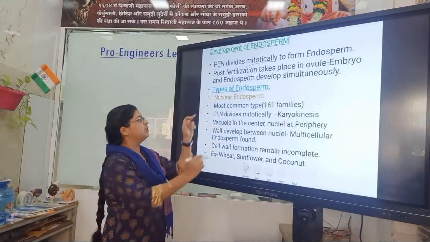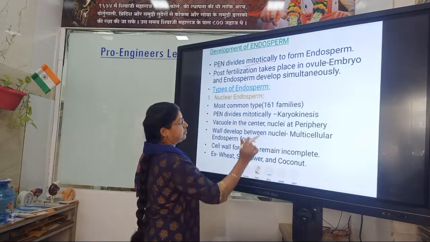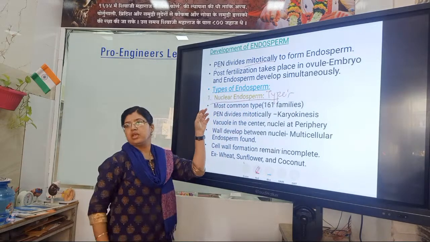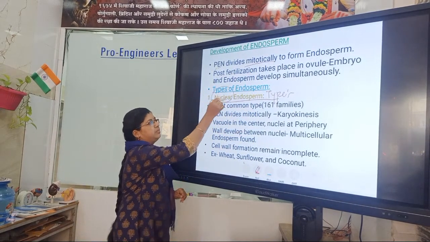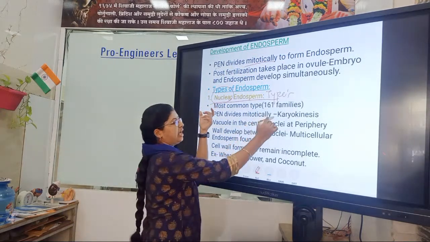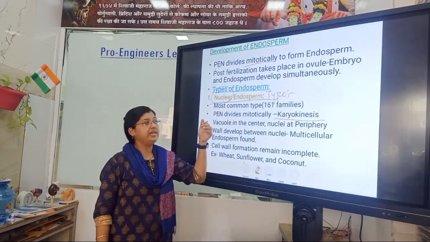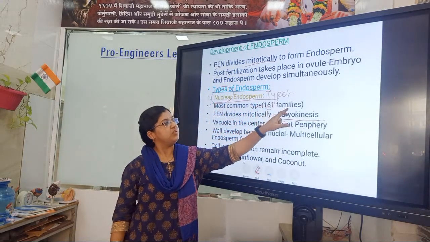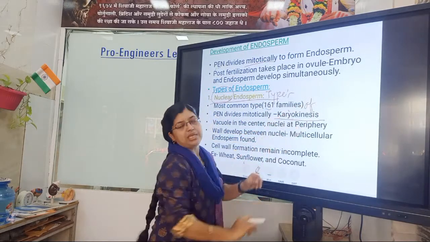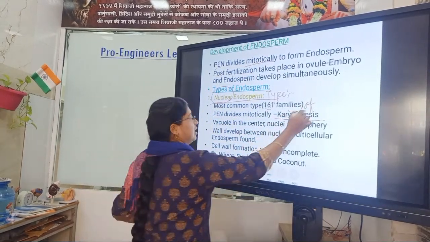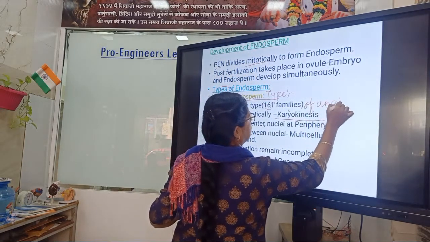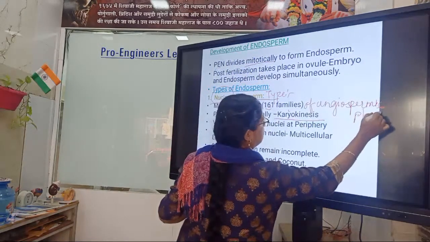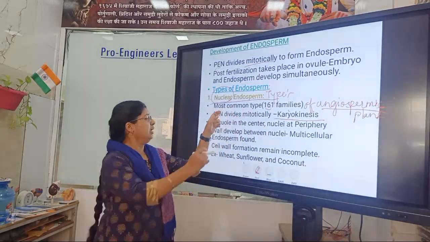The first type is nuclear type. Nuclear means which process? Karyokinesis. This is the most common type in 161 families of angiospermic plants. Don't forget, this is the most common type.